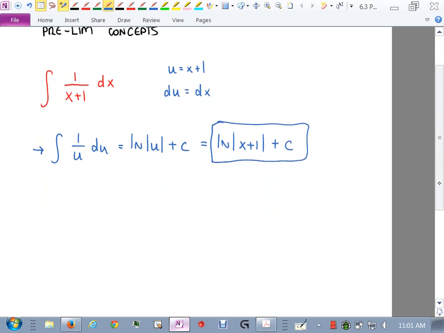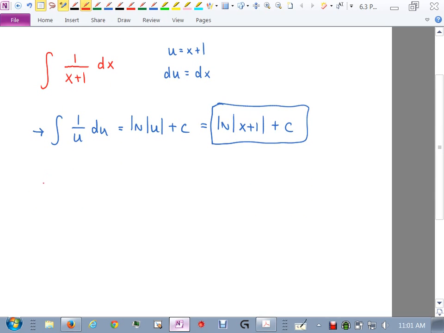Here's another one similar to that. What if we have 1 over x plus 1, this time squared, dx? Could I make the same exact substitution? Yes. Make u be x plus 1. Then what would this integral turn into? The integral of 1 over u squared. Could I write that as u to the negative 2 just to make our integration a little easier?